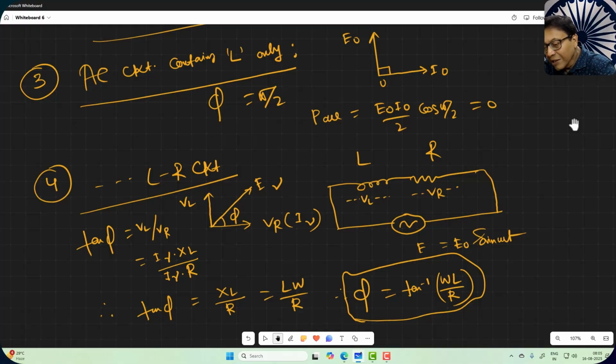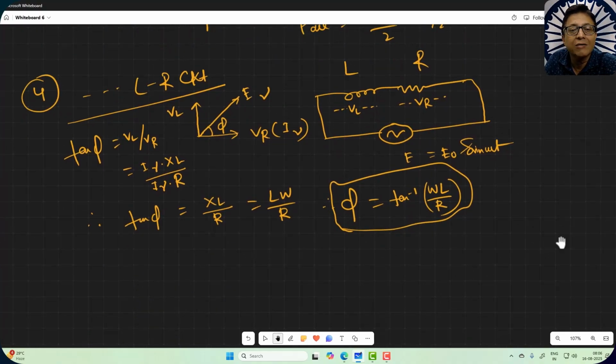The value of phi will be tan inverse L omega by R.